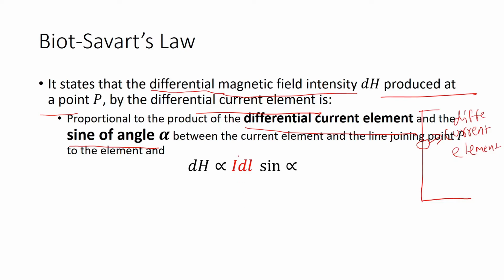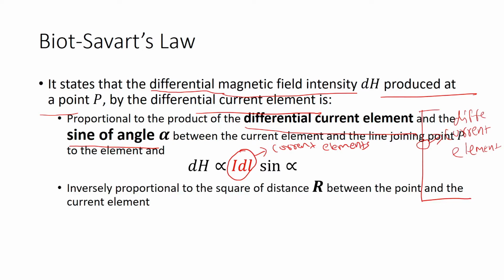So this Idl is the current element. There are three different current elements possible. We would see about them in the later slides, but right now we discuss the magnetic field intensity.